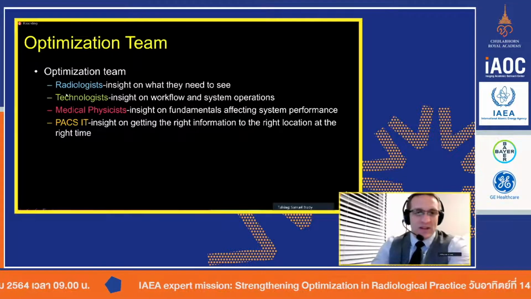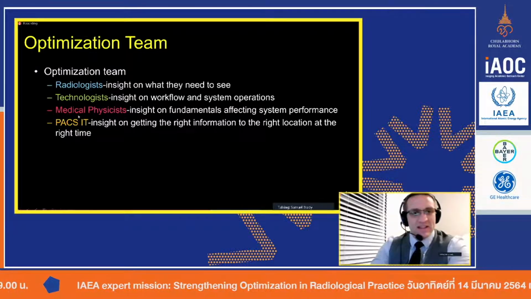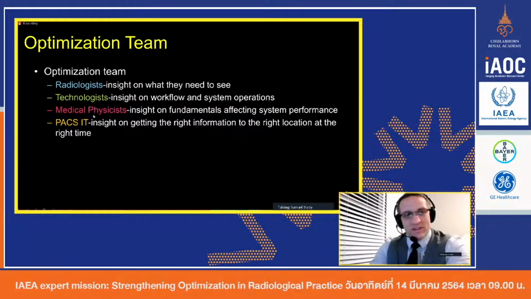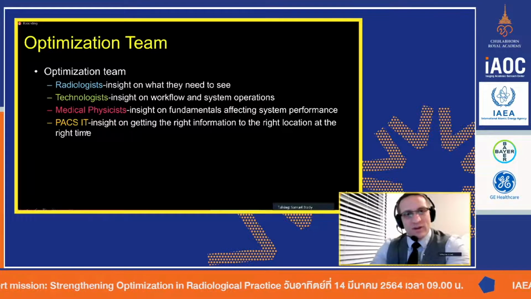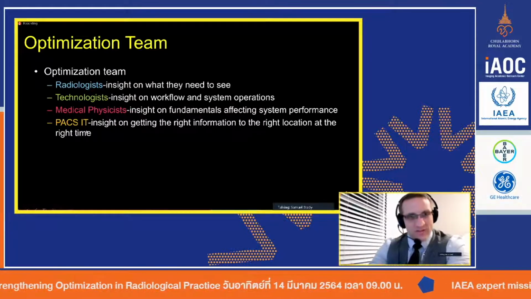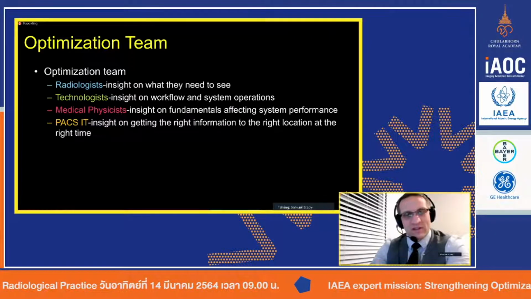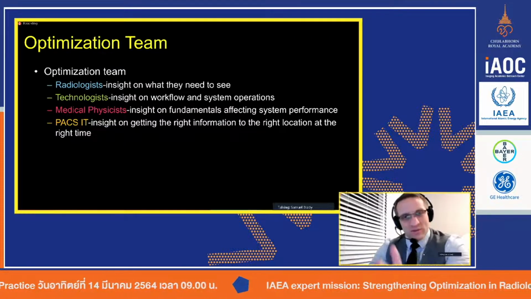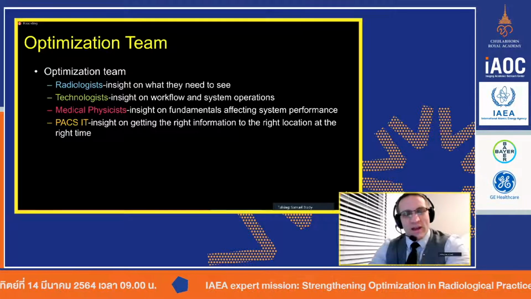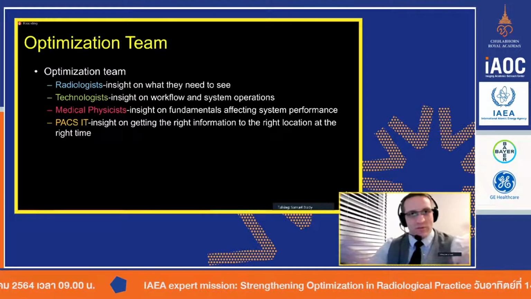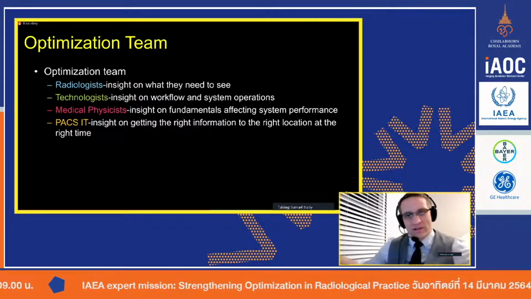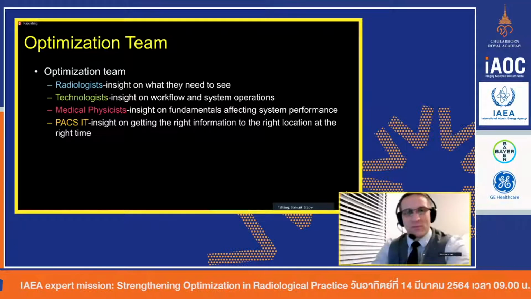And then I actually add what is probably slightly different from most people when they consider an optimization team. We need someone that understands the computers, right? The people that run the PACS information technology. Most hospitals will have a person or two that make sure all the computers are connected. When the CT scanner creates the image, it goes up to PACS.